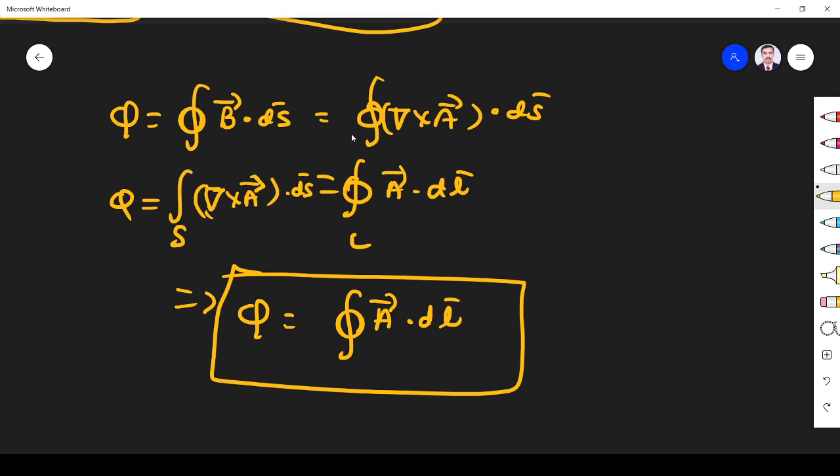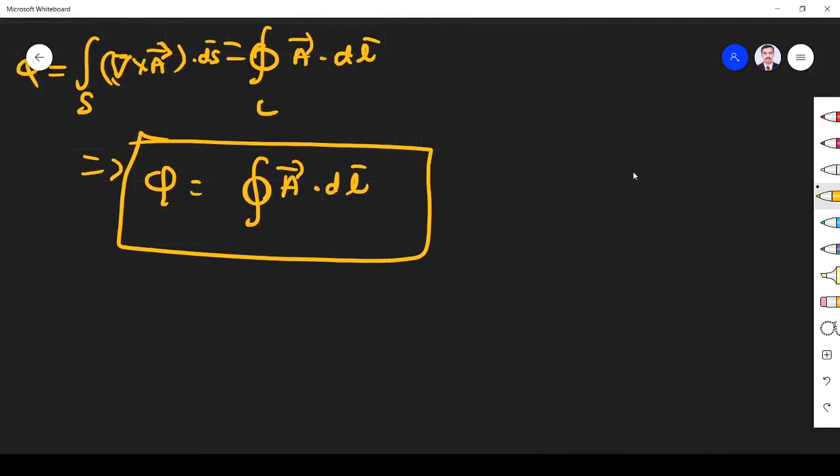So if I take an open surface, it will become a closed integral. So phi is equal to closed integral A dot dl. From this, what I understand is that the line integral of vector magnetic potential around any closed path is equal to the total magnetic flux which is passing through the surface enclosed by this curve.